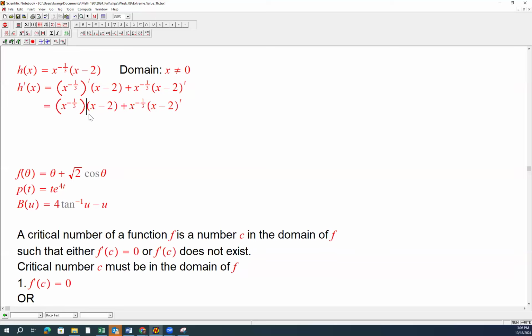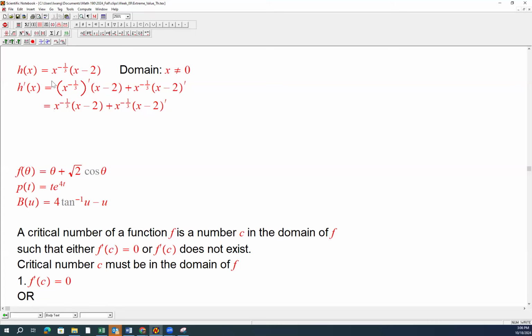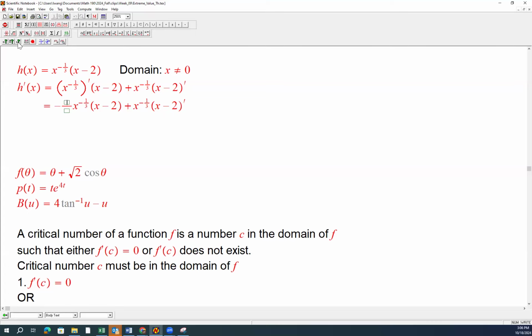Power rule: you're going to have negative 1/3 minus 1, so that's negative 4/3. And the derivative of x minus 2 is just 1, and multiplied by 1, we can omit that.